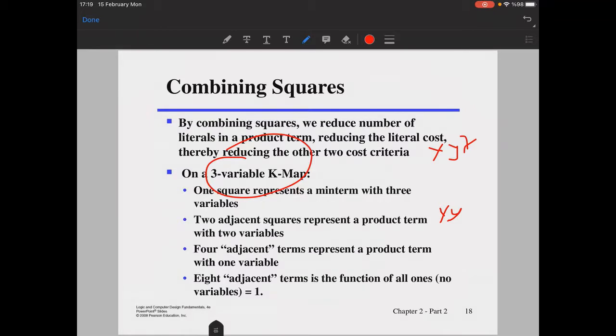If you cover 4 of them, you can reduce to a single variable. And if you combine all 8, it means all of them are 1, so it becomes directly 1, just like connecting 5 volts to your LED or output directly. No need for a circuit for this.